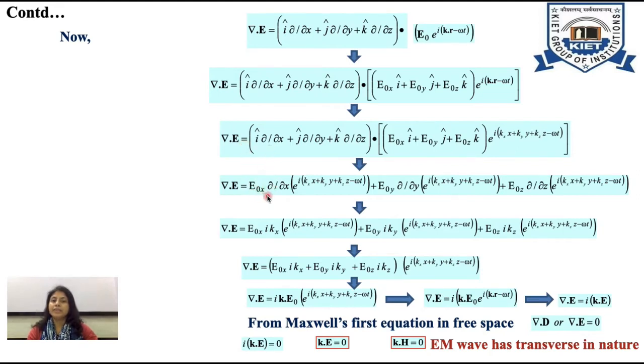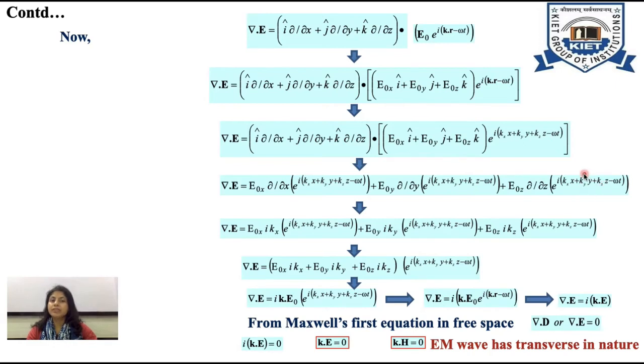Then del dot E becomes E naught x del by del x of e to the power i (kx x plus ky y plus kz z minus omega t), plus E naught y del by del y of e to the power i (kx x plus ky y plus kz z minus omega t). Similarly, E naught z del by del z of e to the power i (kx x plus ky y plus kz z minus omega t).